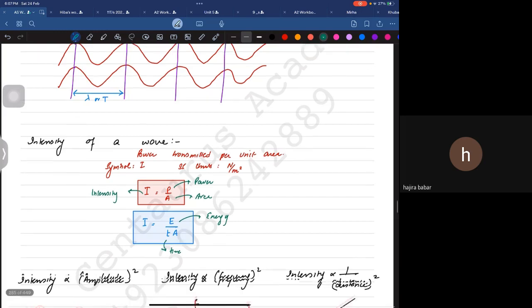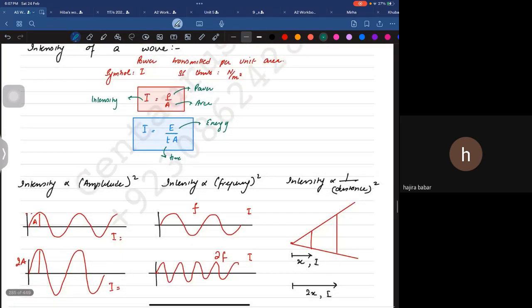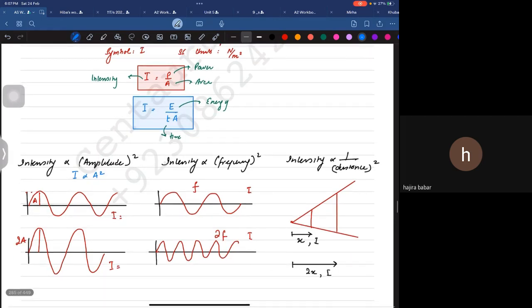So don't forget about that. Now, the real deal is here where intensity has certain relationships. Intensity is proportional to amplitude squared, which basically means an increase of amplitude by 2 would increase the intensity by 4 because it is a function of square. Do you guys understand that?